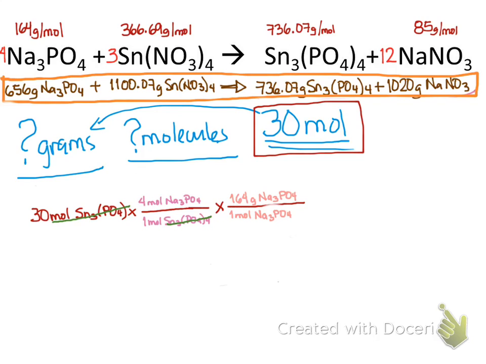So I cancel moles of sodium phosphate with this, and the other one was a complete mole. The result is, I will multiply 30 by 4 by 164, which gives you 19,680. It's the same.